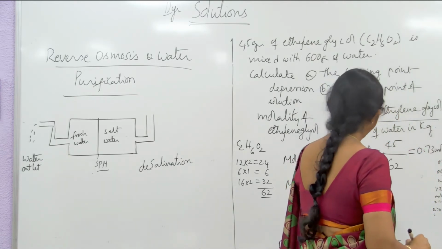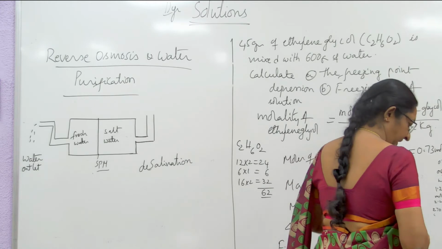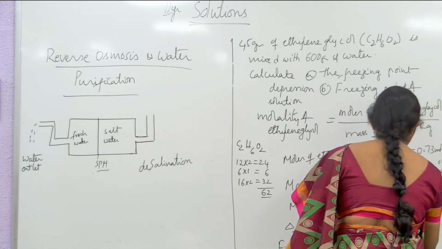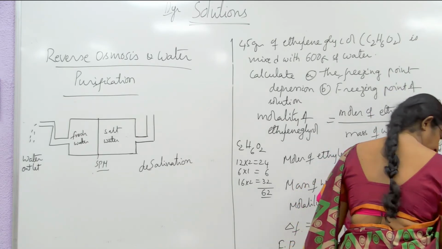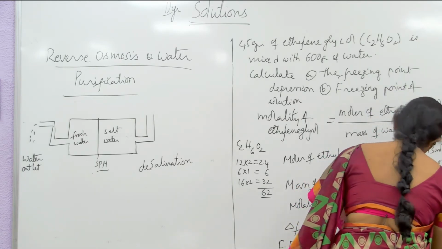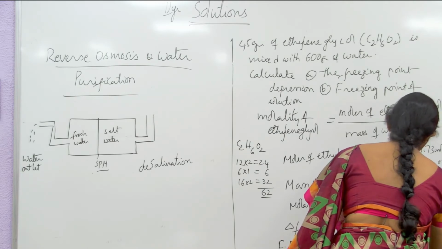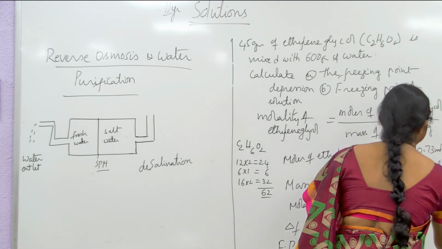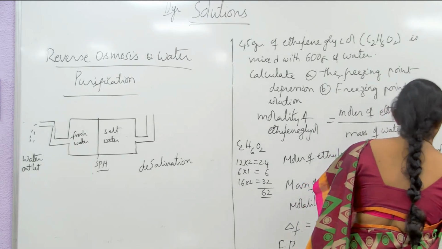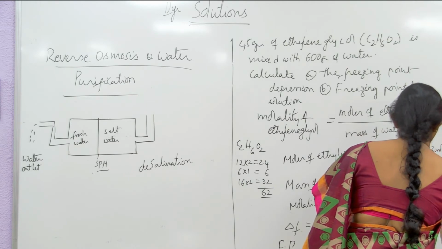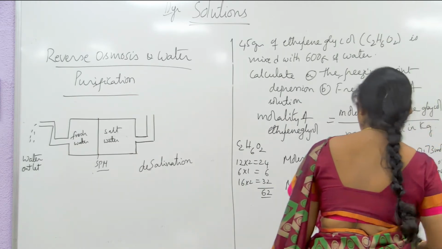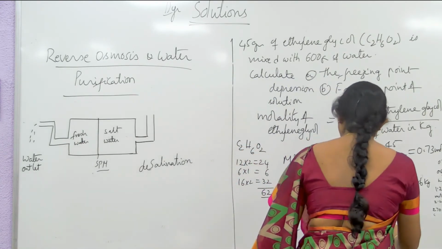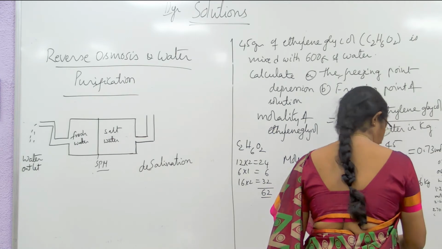Now the mass of water in kg. What is the mass of water? It is 600 grams. So in kg, 600 by 1000 kg, so this will be equal to 0.6 kg.